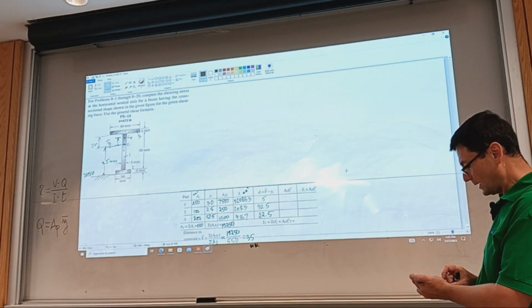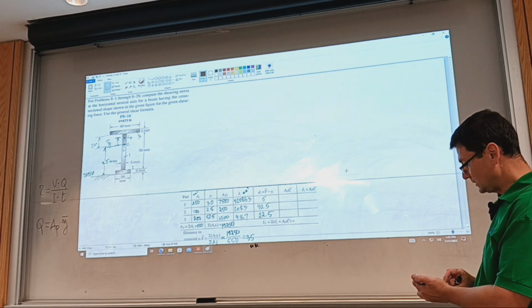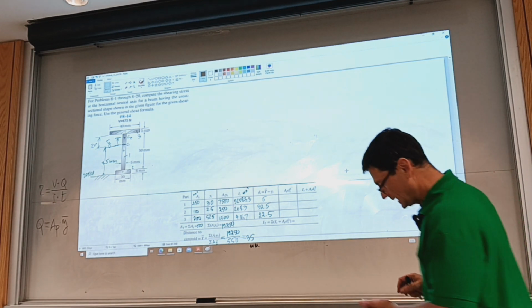Yeah. So 5 squared, that's 25 times the area 250. That's 6250.